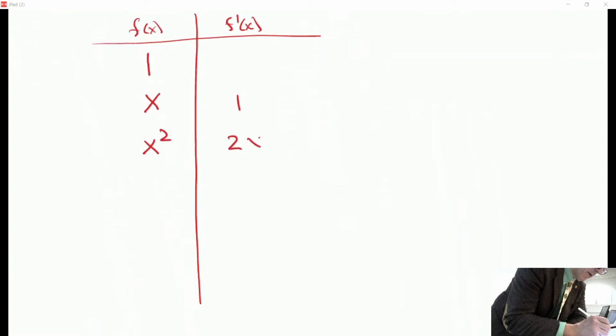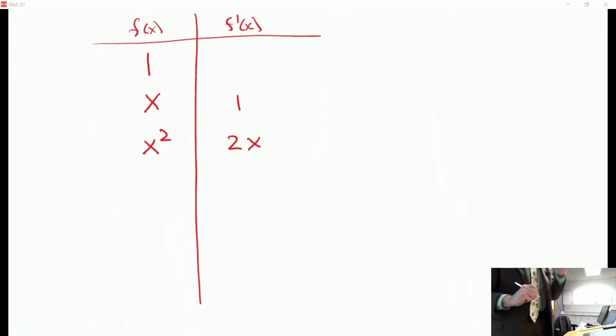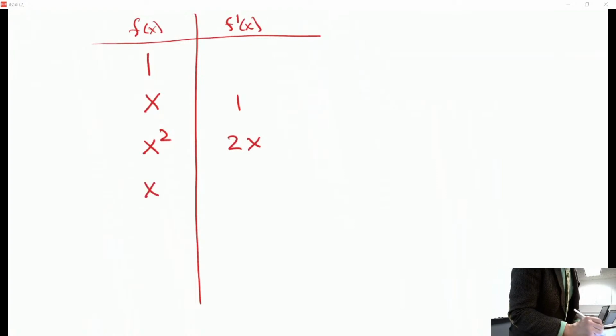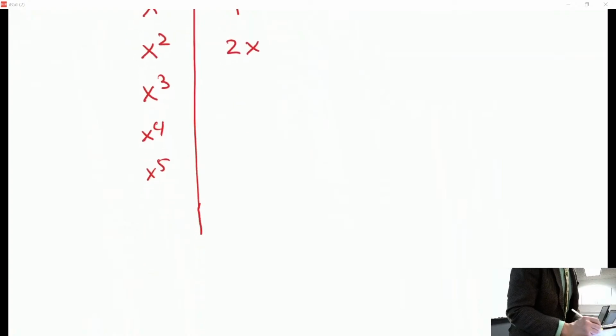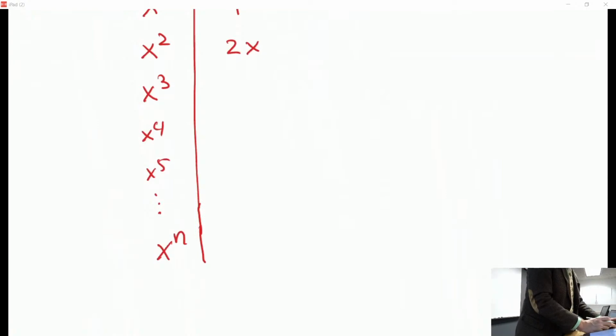We did x squared. And we're going to do x cubed, x to the 4th, x to the 5th, and then we're going to say, you know what? I see a pattern. X to the n is going to be whatever it is.